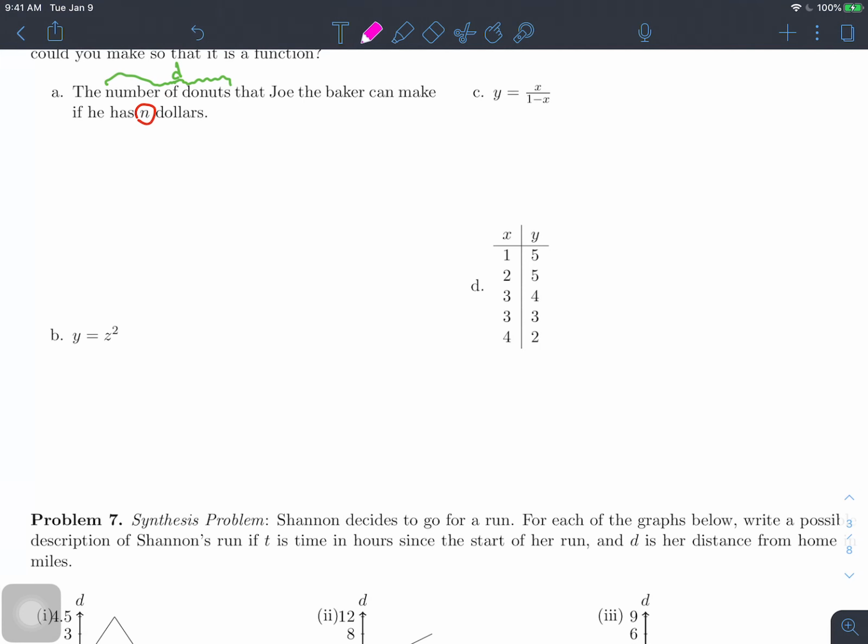If I take some number, say 6, and that's my z, and I square it, there's only one number which corresponds to 6 squared. 6 squared is 36. There's no other number which satisfies the equation that this number is that number squared. So this is going to be a function.